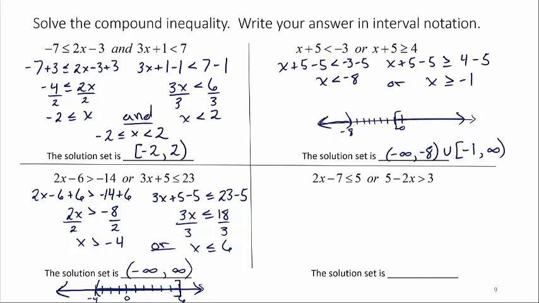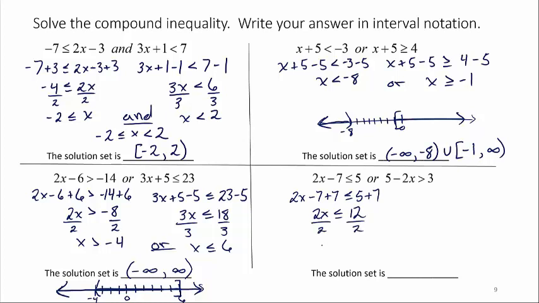Okay, in this last example, I have 2x minus 7 less than or equal to 5, or 5 minus 2x greater than 3. All right, so solve them both. 2x minus 7 plus 7, got to add 7 to both sides here, is less than or equal to 5 plus 7. So then we have 2x less than or equal to 12.